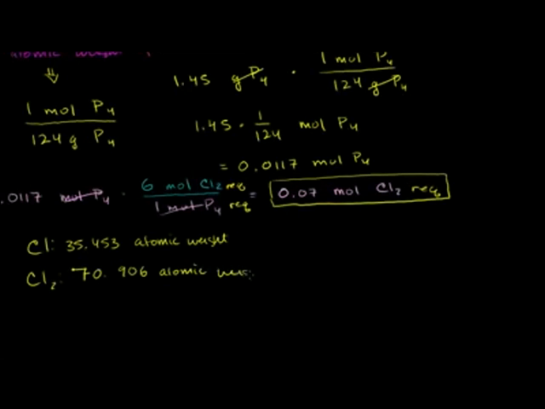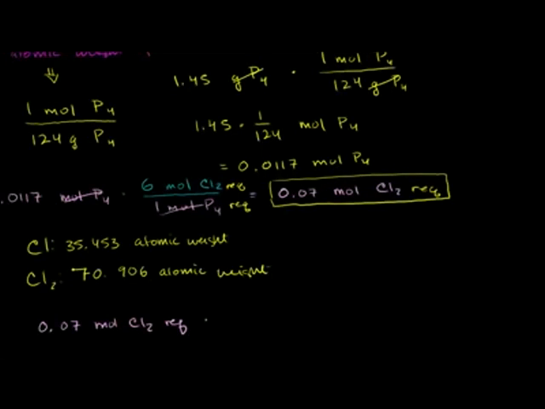Let me write this information that we had down before. We are required to have 0.07 moles of chlorine gas. That is what is required. And let's multiply it. We want moles in the denominator.